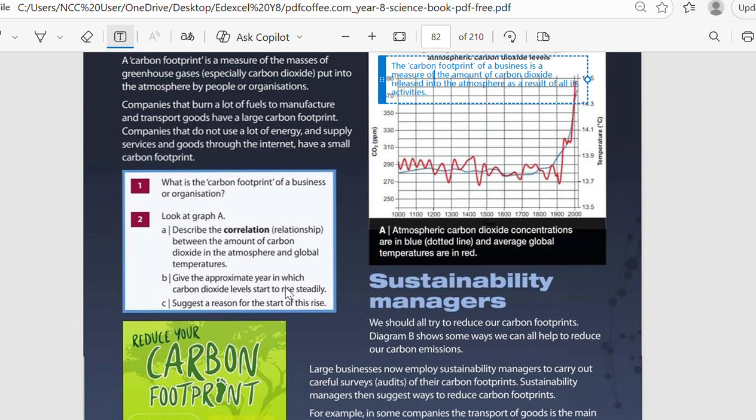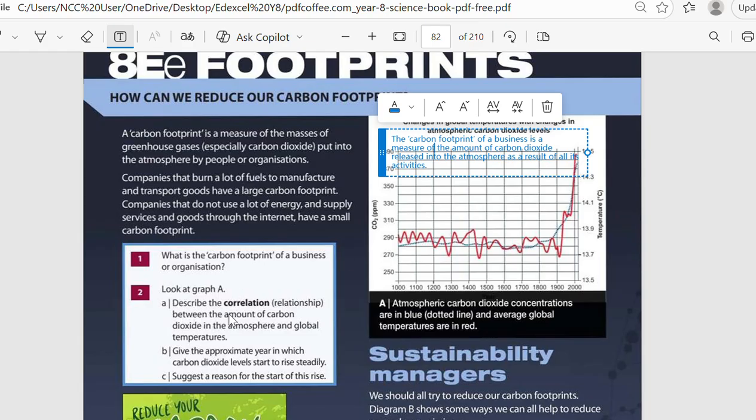Right. Next one, they are referring to graph A here, and they are telling you to describe the correlation or the relationship between the amount of carbon dioxide in the atmosphere and global temperatures. What can you tell?